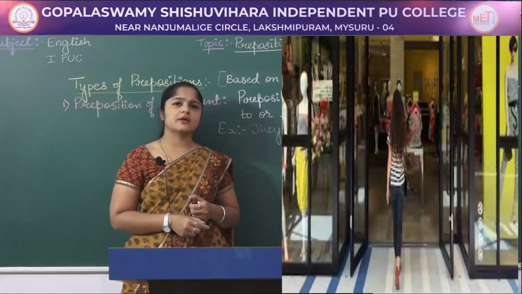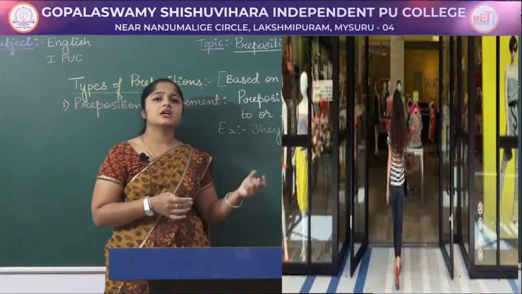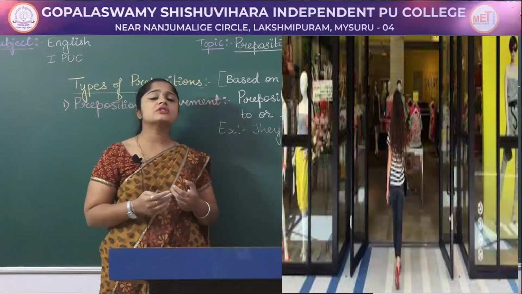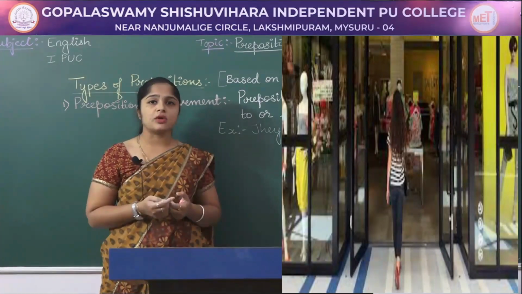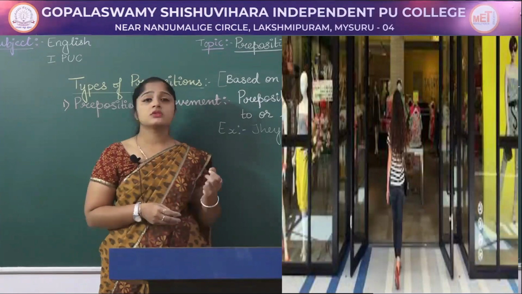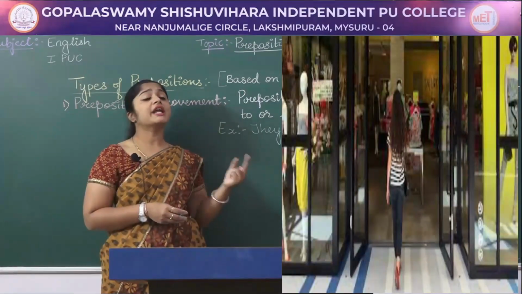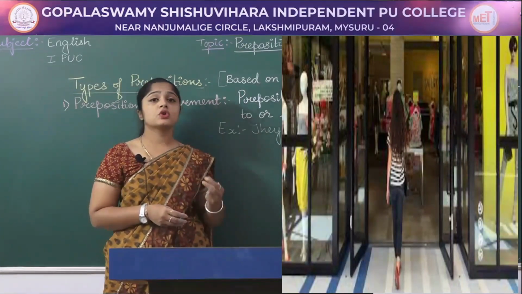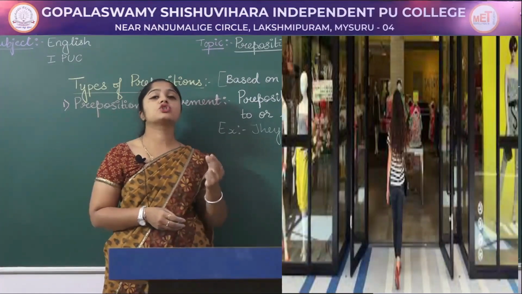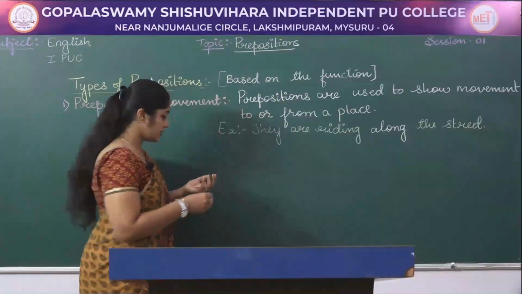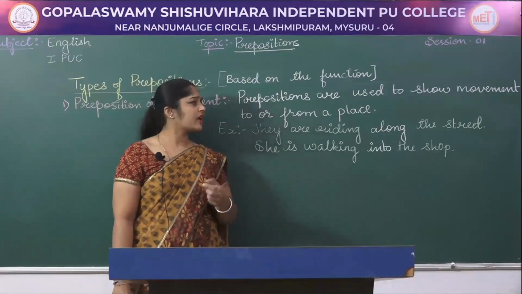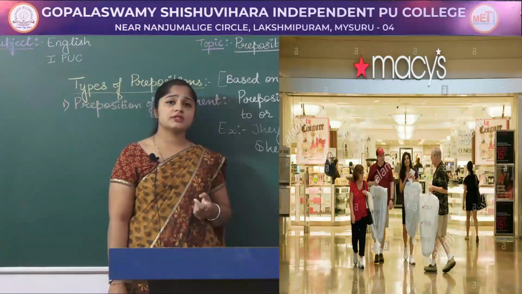Next picture. What does this picture say? Here we can see a girl is going inside the shop. She's walking into the shop. The word into is showing the movement. Okay, next picture. What does this picture say?